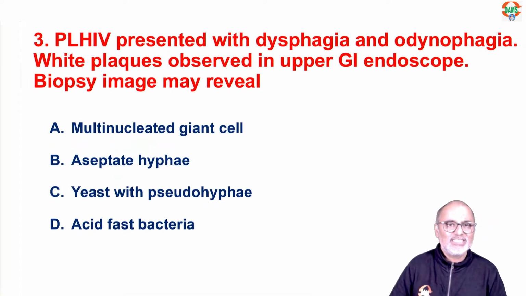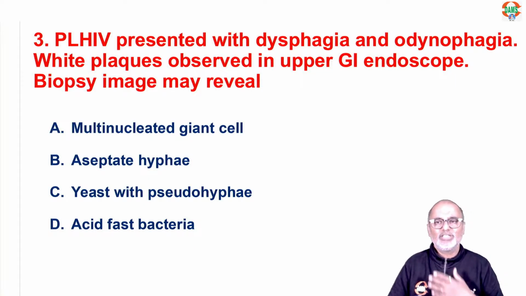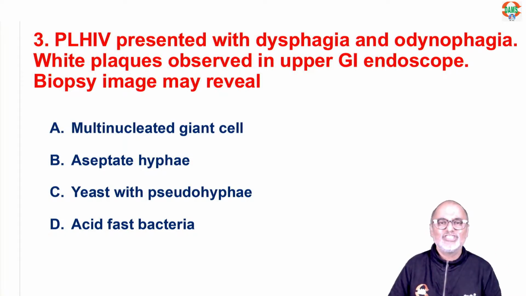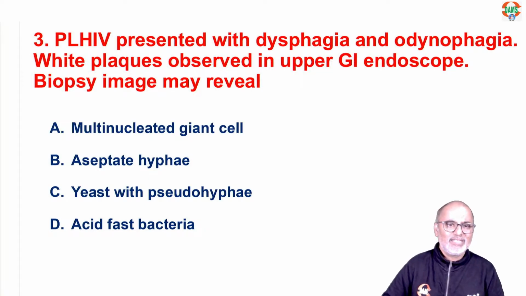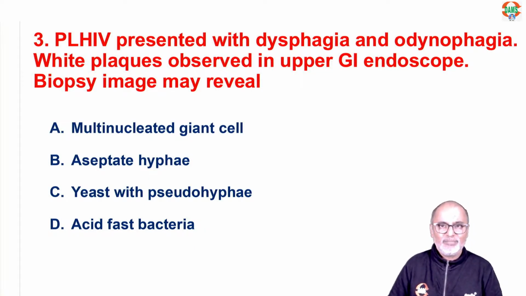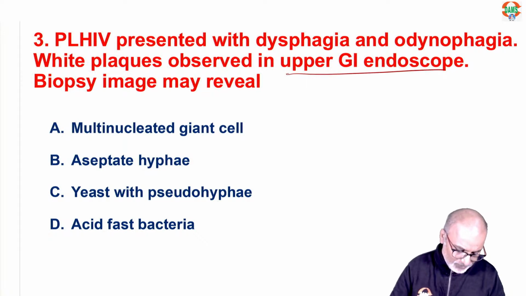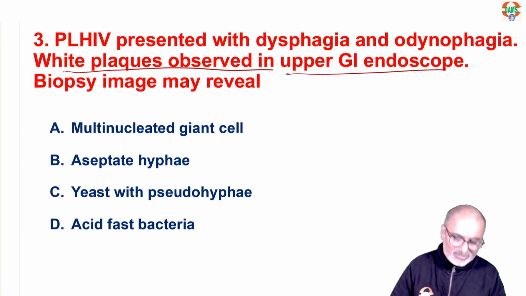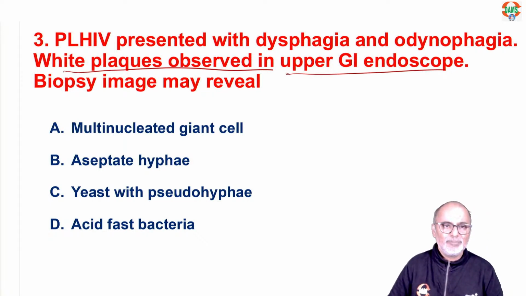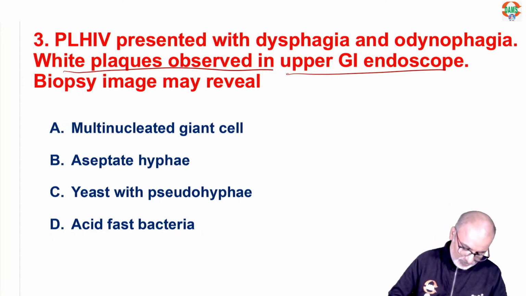HIV positive, PLHIV presented with dysphagia and odynophagia. White plaques observed in upper GI endoscopy. Odynophagia, dysphagia, white plaques. This is esophageal candidiasis, oral thrush. Biopsy may reveal. In GI endoscopy, if you are able to see white plaques in the upper GI endoscopy, biopsy may reveal yeast with pseudohyphae because it is due to Candida.